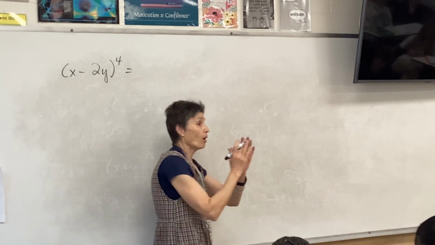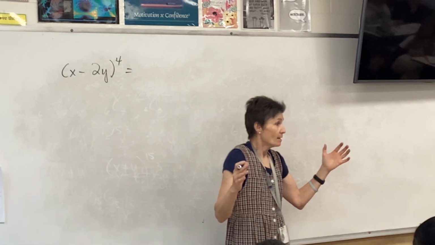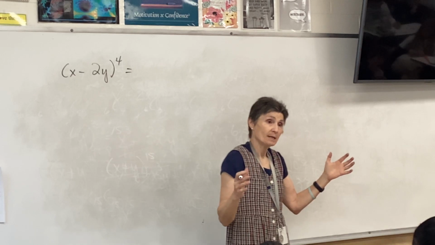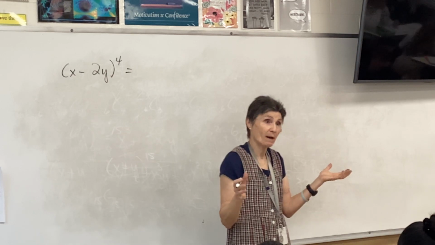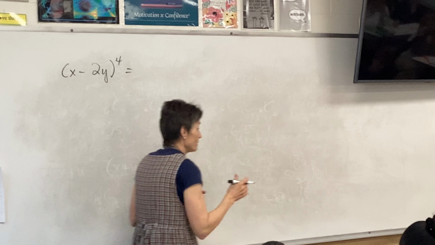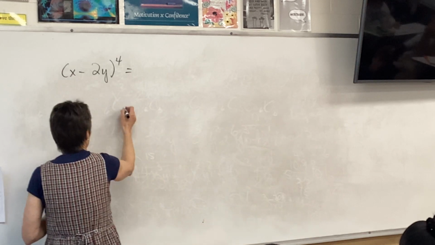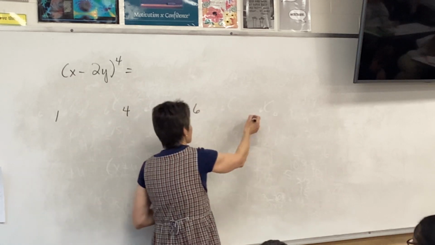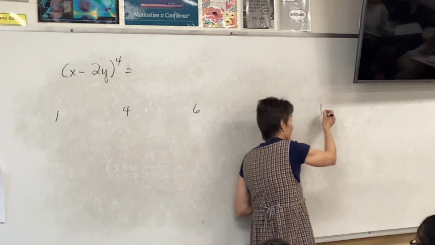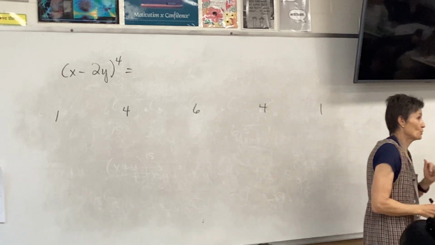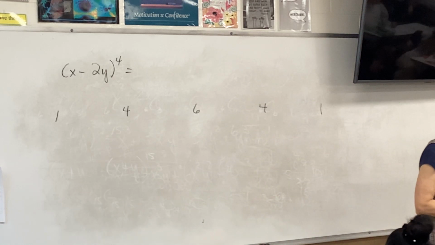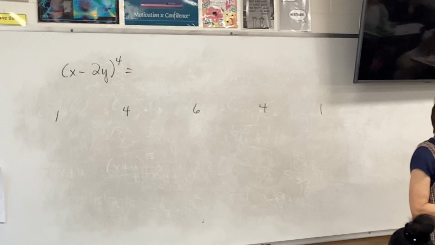What are the coefficients that are gonna show up if I'm expanding to the fourth power? 1, 4, 6, 4, 1. What are those numbers, you guys? Those numbers are the fourth row of your triangle. Did you write it down? Look at it.